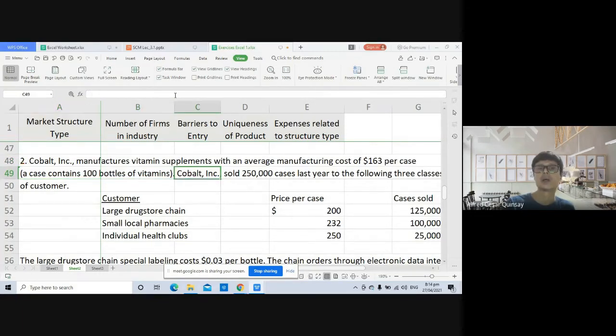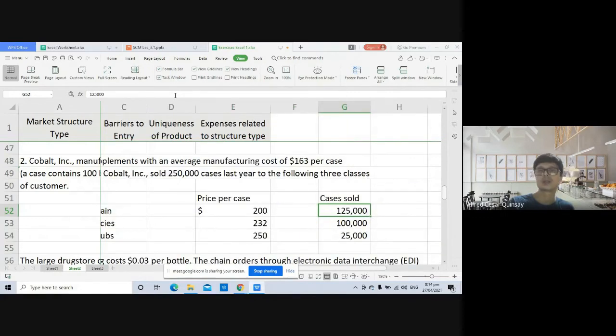Cobalt Incorporated sold 250,000 cases last year to the following three classes of customer. So meron siyang segmented na customers. Unang customers niya, yung mga drugstore, parang Mercury halimbawa. So yung price per case niya is $200. Tapos yung nabenta niya is 125,000.